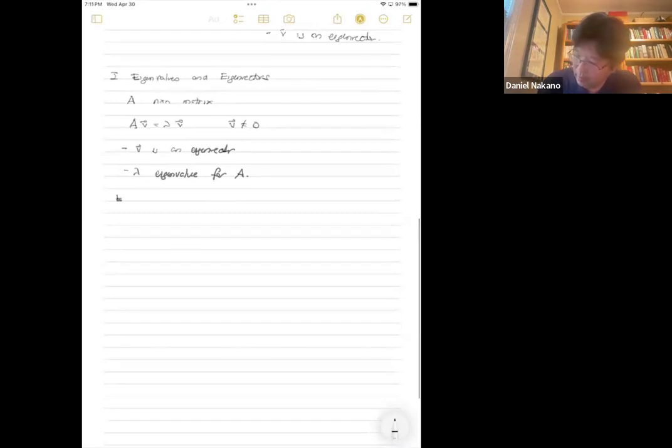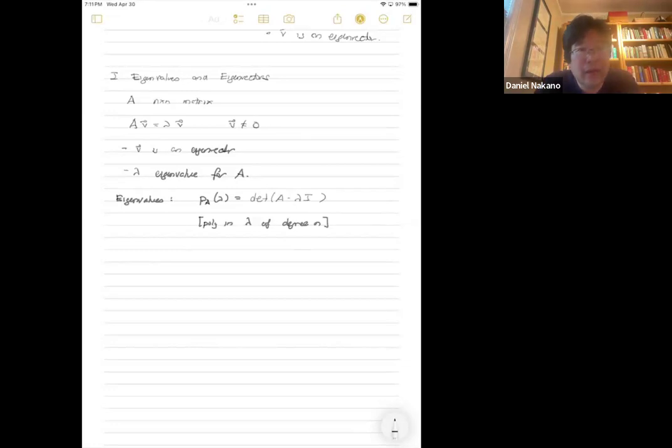So for eigenvalues, you look at P_A of lambda, which is the determinant of A minus lambda times I. Remember, this is a polynomial in lambda of degree n, and the eigenvalues are just going to be the roots of the characteristic polynomial.